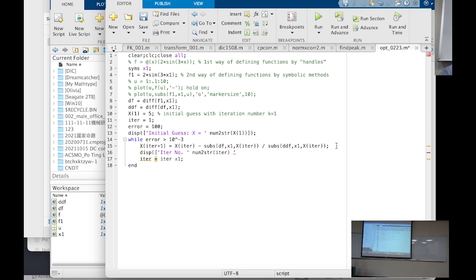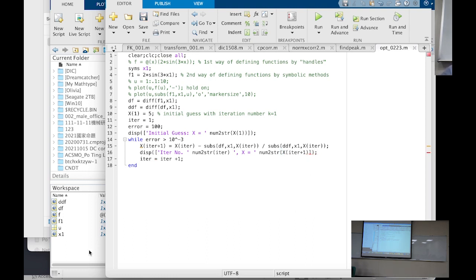Then I have a comma, and I will just plot out the solution after that iteration. So x becomes num2str of this value. I think that's it.